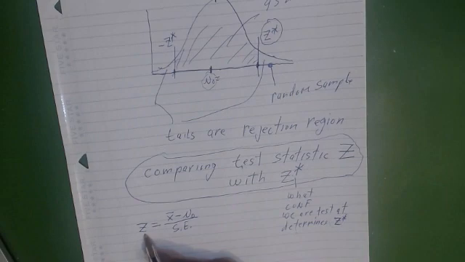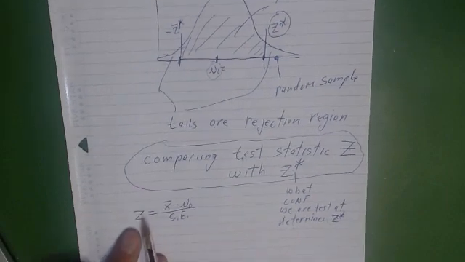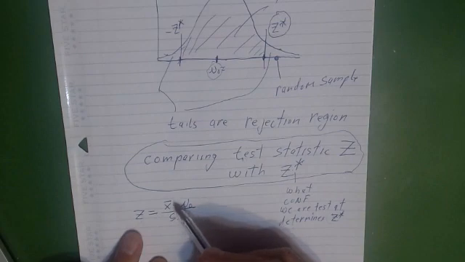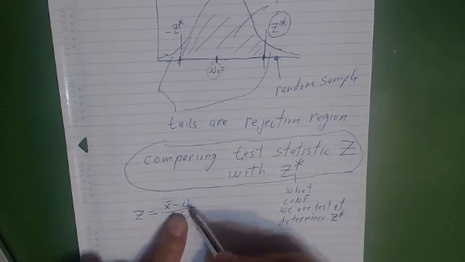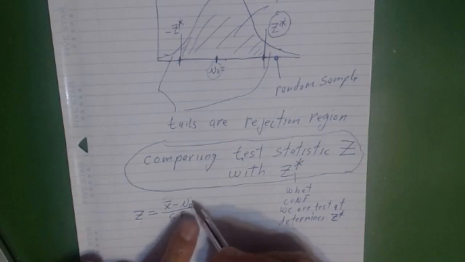So this is your test statistic, and it's called a statistic because it comes from the sample. You have to know what your sample is to know what this Z is, and your sample is X bar. You get an average value of all those individuals that make up a single sample. That's X bar.